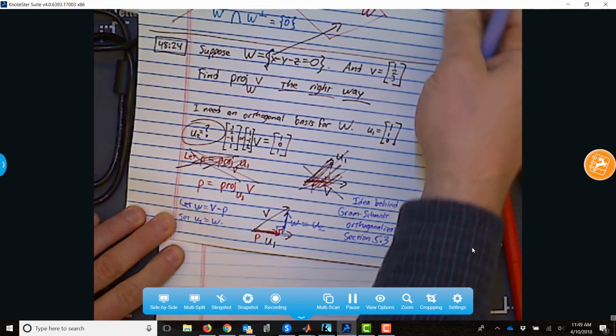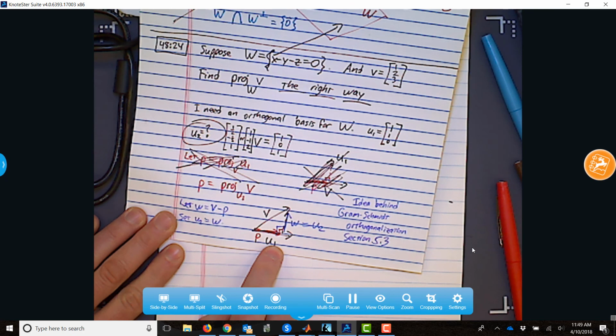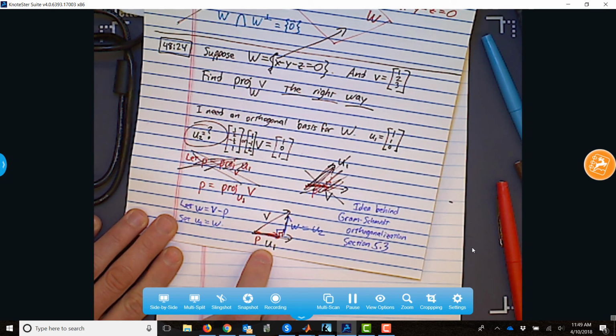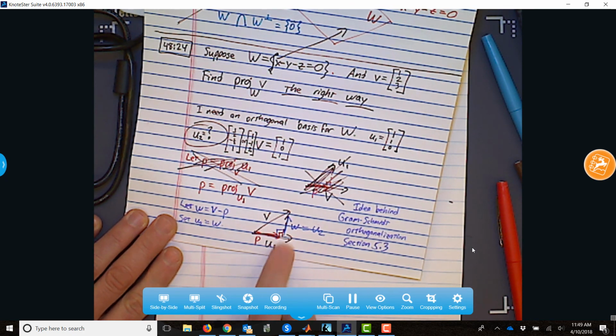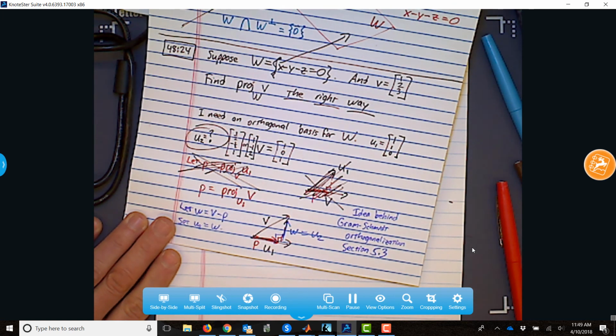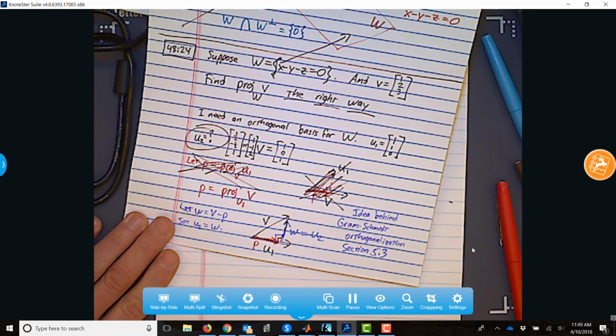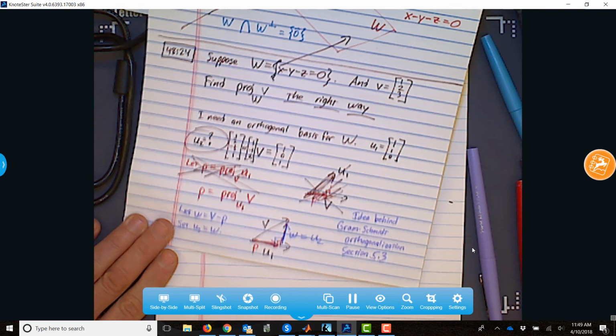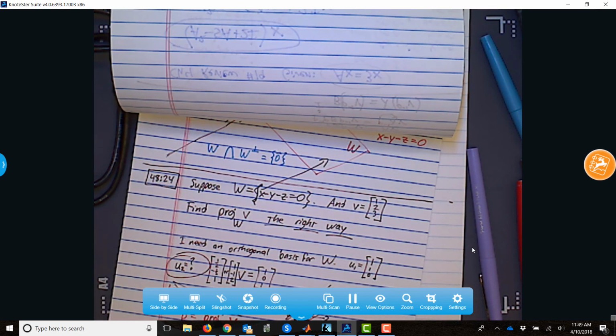You drop a perpendicular onto the vector you started with, and then subtract, and then you get something that's orthogonal. So we'll go over more examples next time. Nice work today, guys.